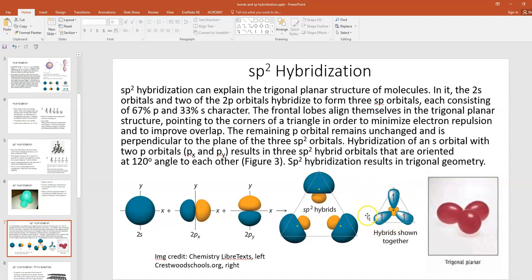Again, the big lobe points towards the other atom so that it can form these nice, strong bonds. And then if you wanted to do this with balloons, this is what it would look like, this trigonal planar structure right here. And of course, in the balloon structure and in these images here, the unpaired, if you will, p orbital isn't shown, but it would stick up out of the plane.